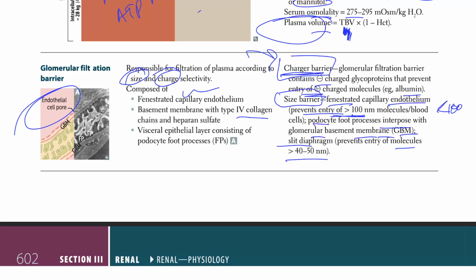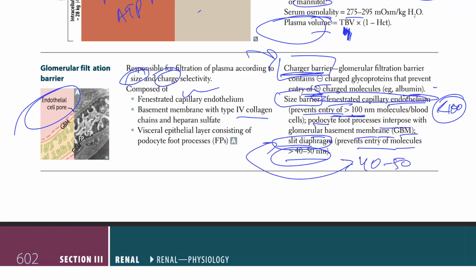So the fenestrated capillary allows less than 100, but the slit diaphragms are another factor: if something is greater than 40 or 50, they prevent its entry.